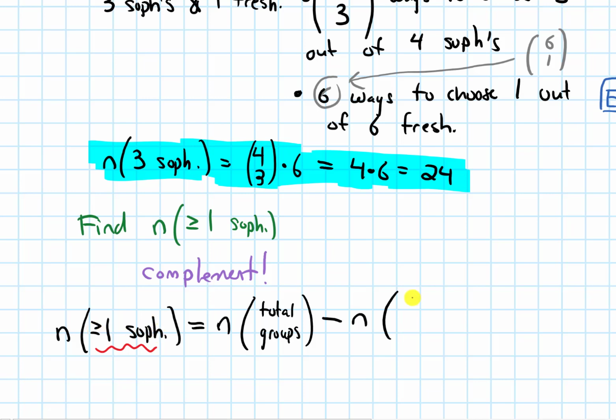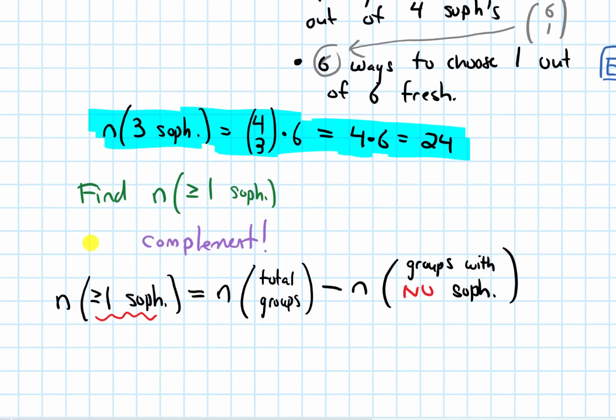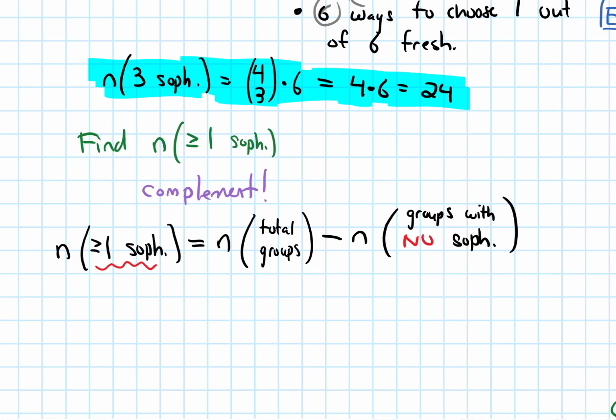The complement of that would be groups with no sophomores. Okay, so I'm going to highlight this because this is the denominator quantity. We've been highlighting it green. Let's figure out the ways for both of these quantities on the right-hand side.